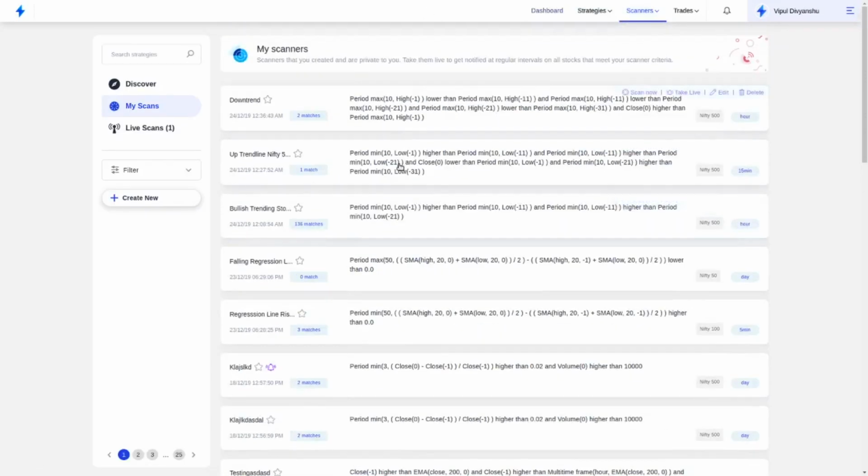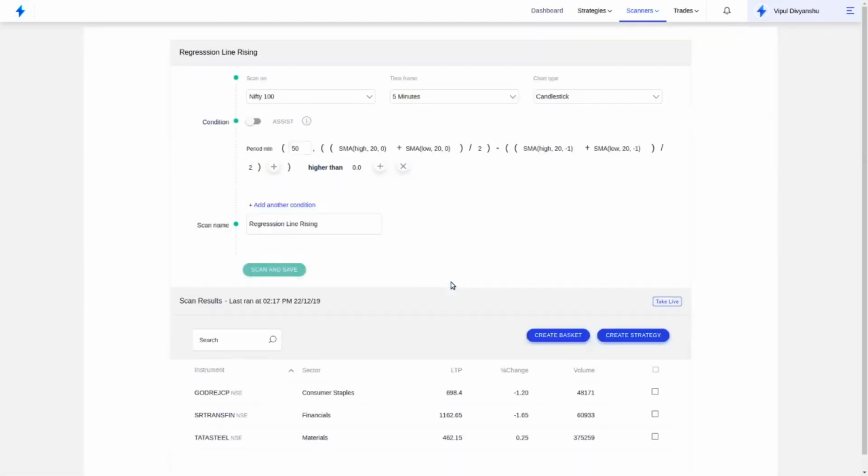Okay, for the sake of time, I have already created a rising regression scanner here. Let me just open that.